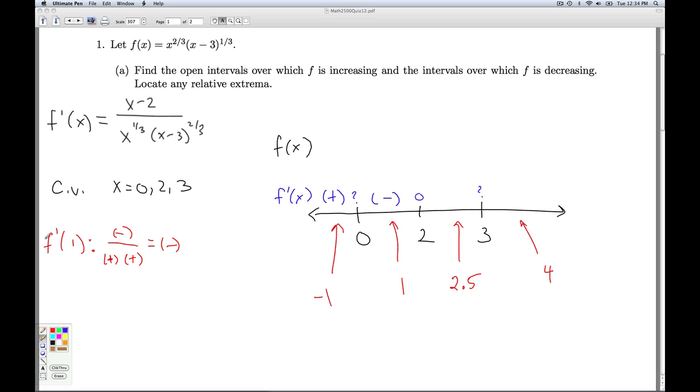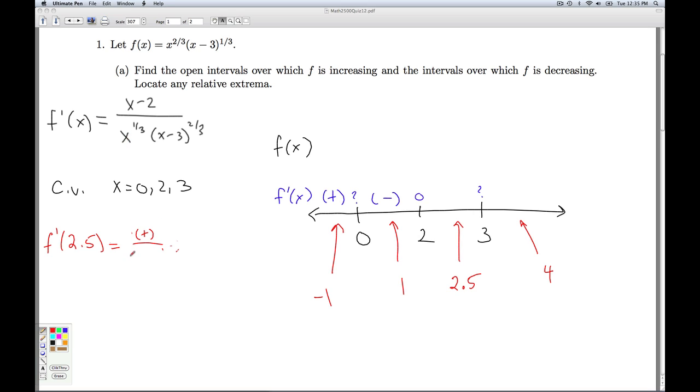Now I'm going to find f prime of 2.5. And what's going to change there? The top now is going to become positive.